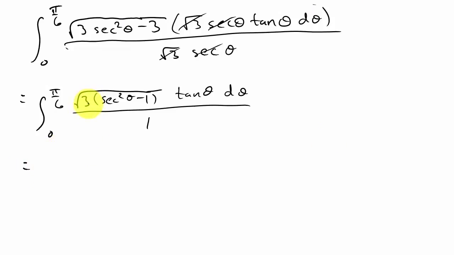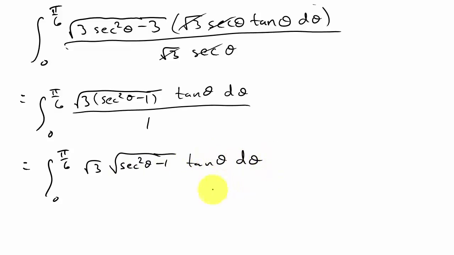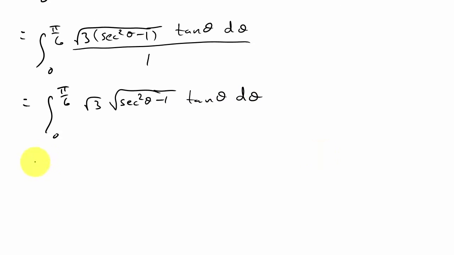Alright, so let's separate this. I've got 0 to pi over 6, and that's going to be square root of 3 times the square root. Remember, you can separate the radicals, and I'll just go ahead and write this again. That's going to be square root secant squared theta minus 1 times tangent theta d theta. Okay. And so now let's bring this radical out. So that's square root of 3, 0 to pi over 6, and then let's look at this, secant squared theta minus 1.